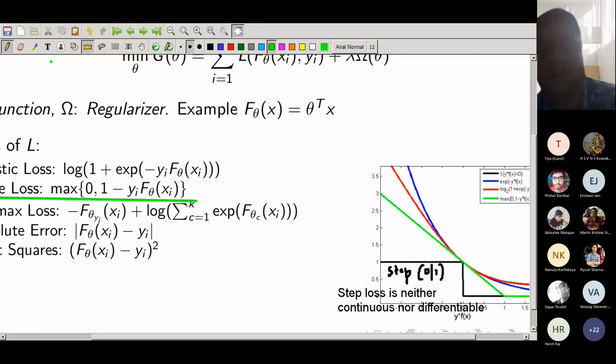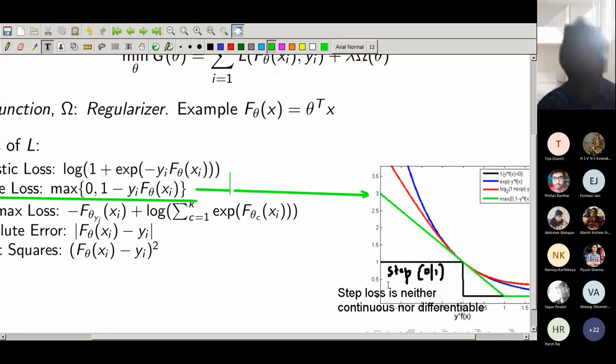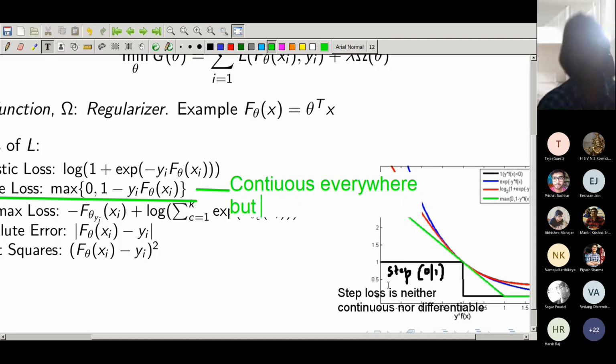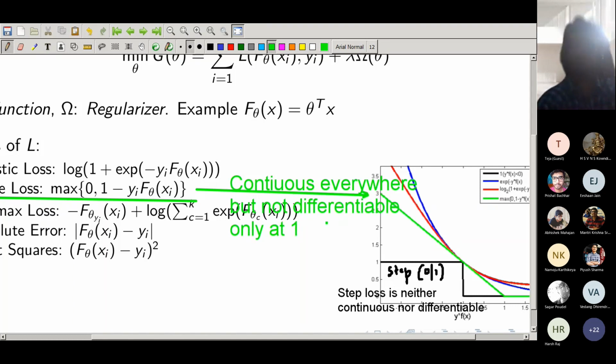Where is it not differentiable? At 1. Yeah, only at 1. It's continuous everywhere, but not differentiable only at 1.